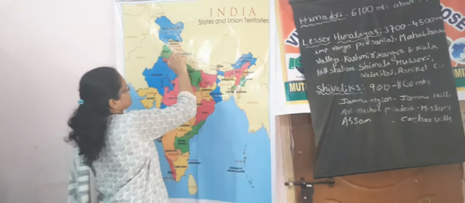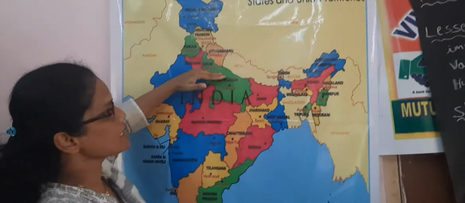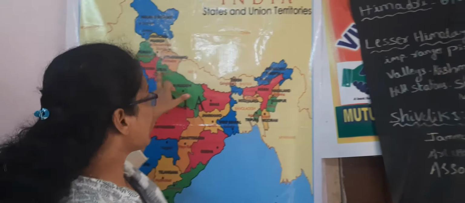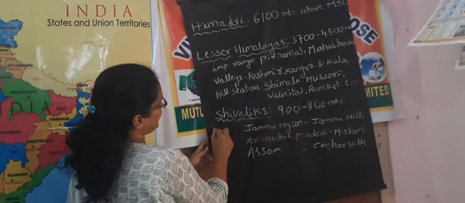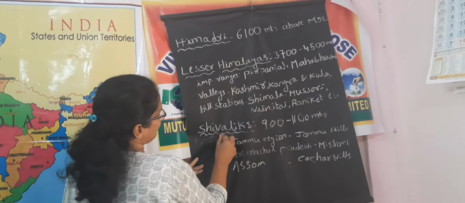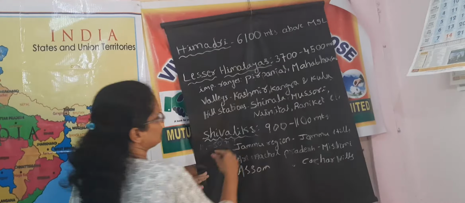Next we have to discuss the Shivaliks. The southern part of the Lesser Himalayas is called the Shivaliks.